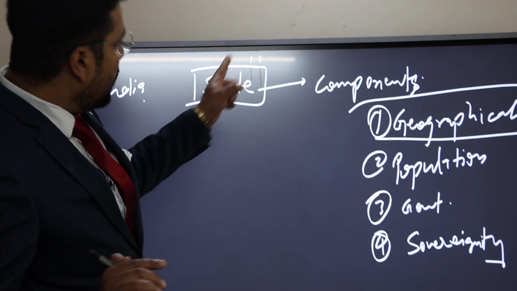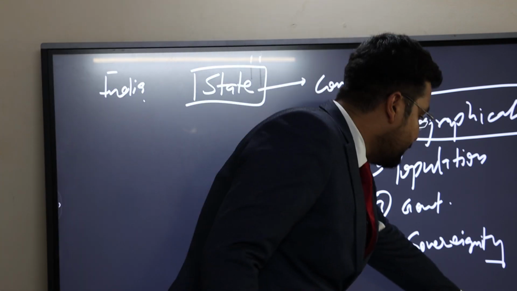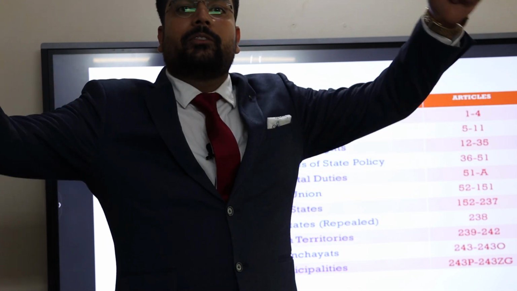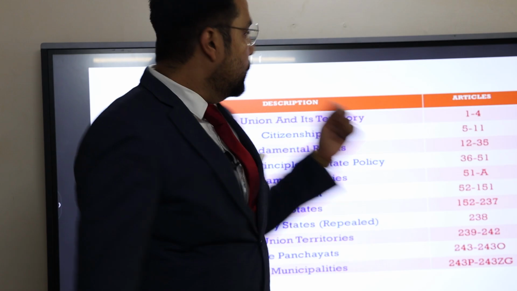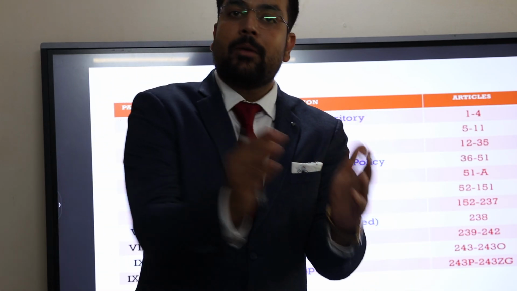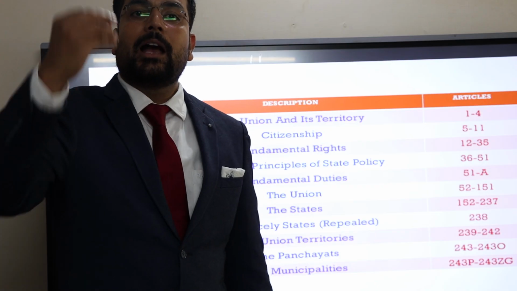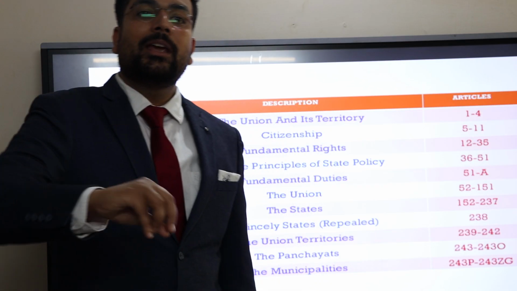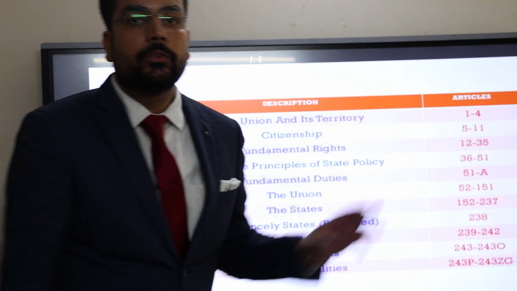So when we talk about India as a state, the first chapter of the Indian Constitution talks about India's geographical, territorial extension. The Union and its Territory, which is the name of the first chapter, talks about how many states, UTs and other territories there are in India.